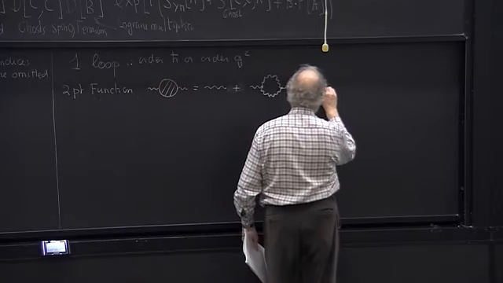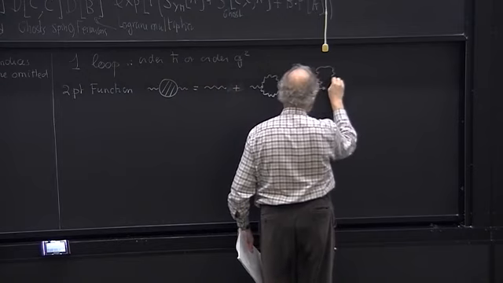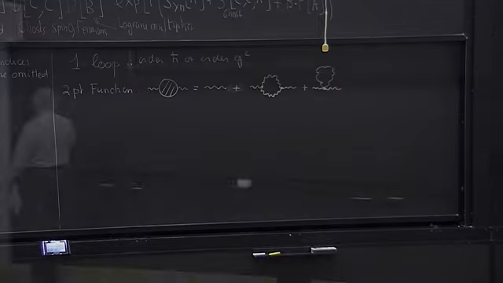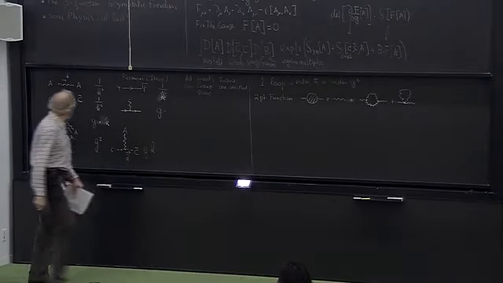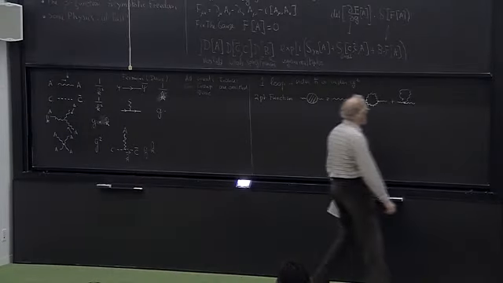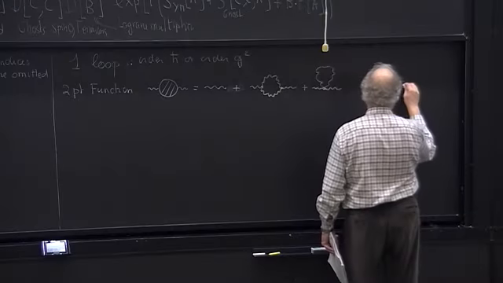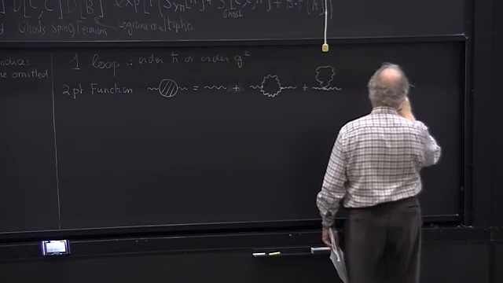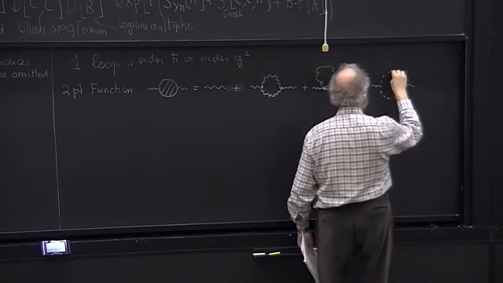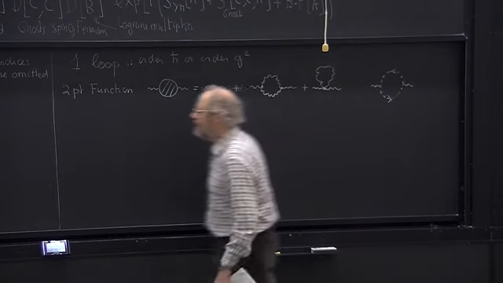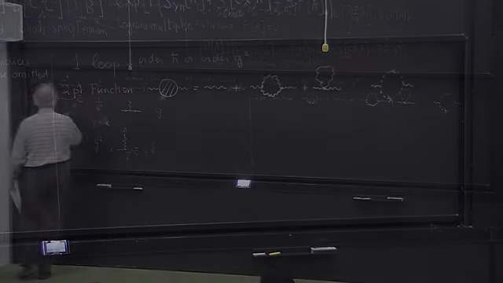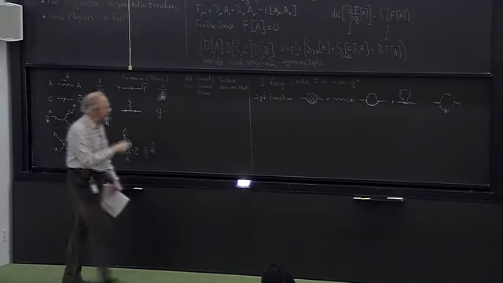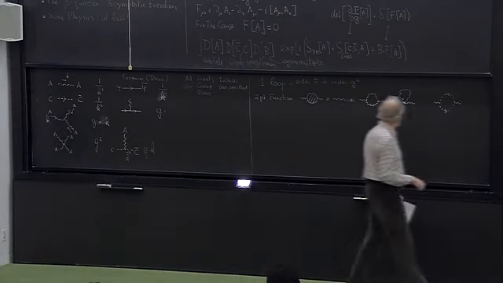Then you have this kind of diagram, which is the same as the previous one, except that it's decorated with a lot of indices. And then you may have an internal loop of ghosts. And remember, the ghosts are fermions, so they go from c to c bar, the propagator. Okay, so you have a ghost.